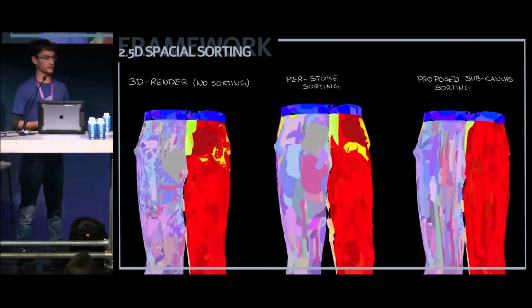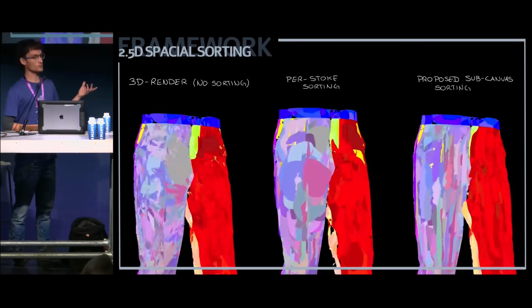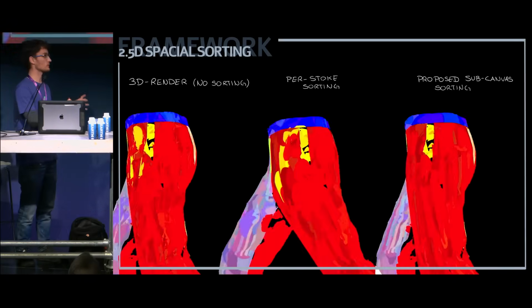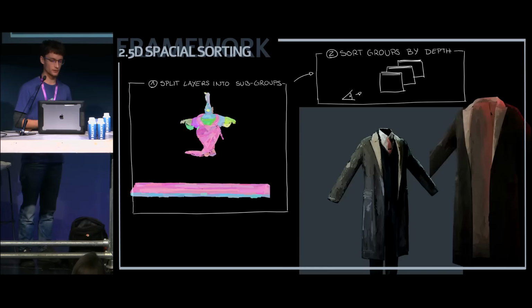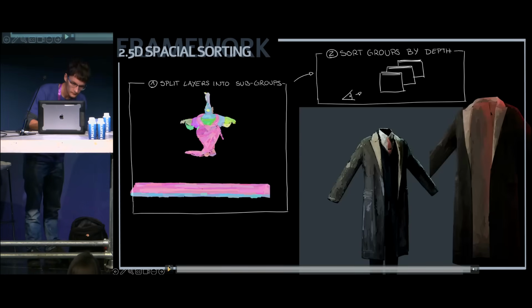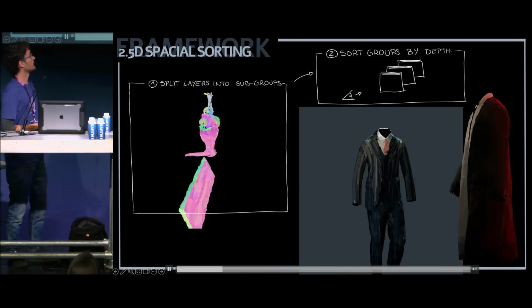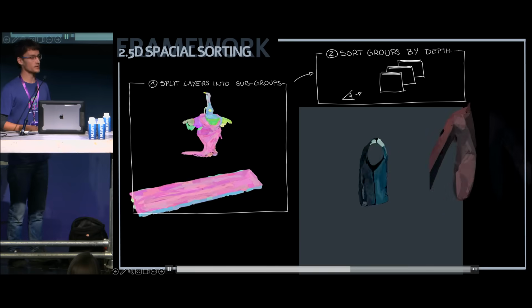So what I decided to go for is a system that groups your strokes into different 3D parts. And within these groups, there's no sorting going on. I'll just use this slide. So you group your strokes into different parts that you know can't intersect.